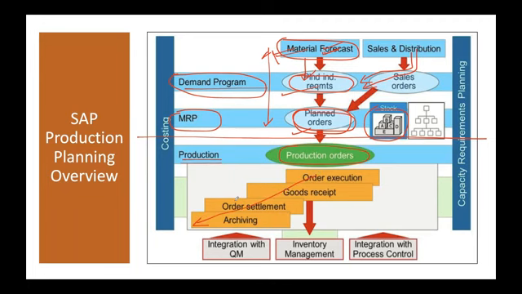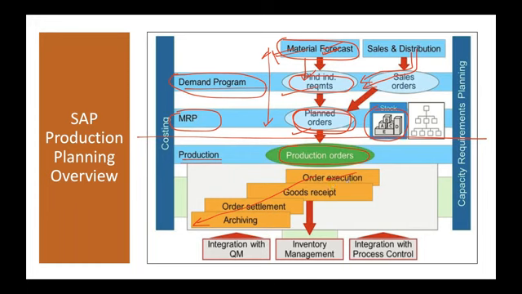In production execution, they create the production order. After that they check all the material availability, and then they check the machine availability. After the machine availability is checked, they release the order, and then they take the raw materials from the warehouse.